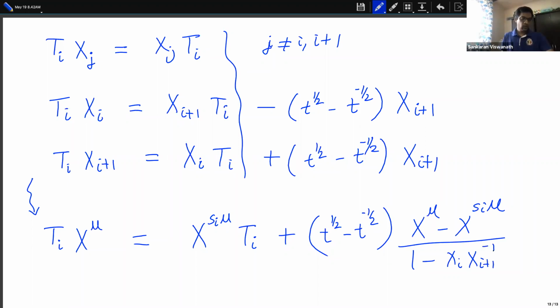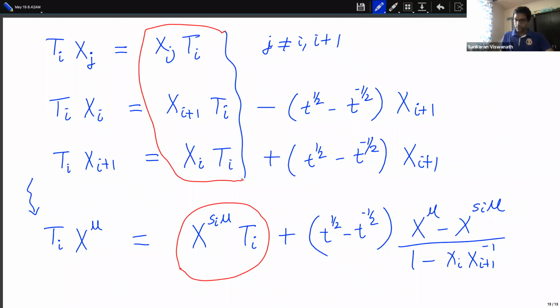Okay, now the couple of things I wanted to say about this are the following. Firstly, the leading term. If you think about just the first term here, then it has the following property.